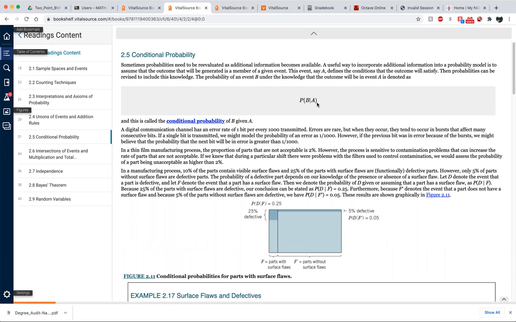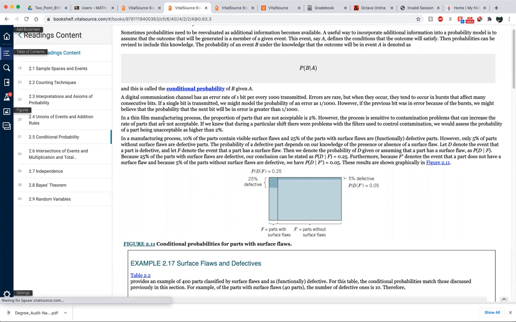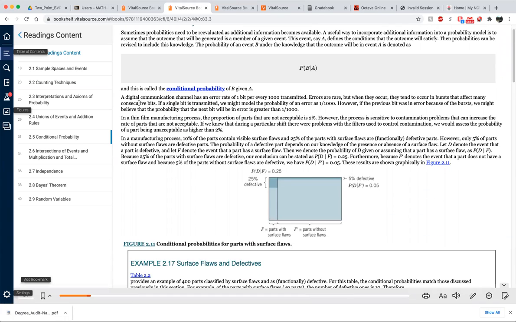So let's see an example in the textbook. This communication channel has an error rate of 1 bit per every 1,000 transmitted. Errors are rare, but when they occur, they tend to occur in bursts that affect many consecutive bits. If a single bit is transmitted, we might model the probability of an error as 1 over 1,000.